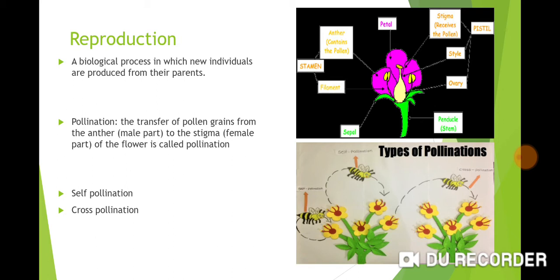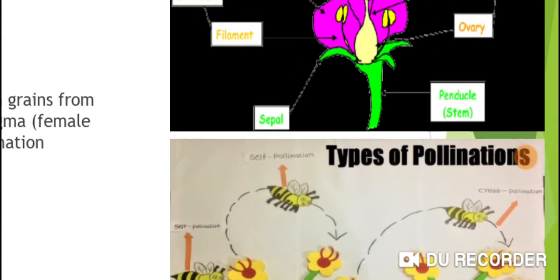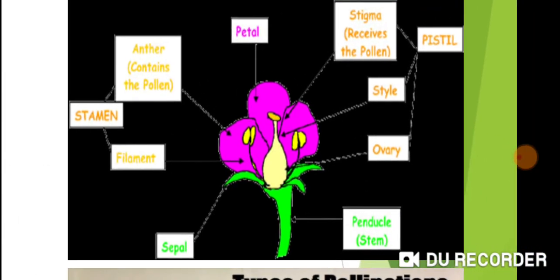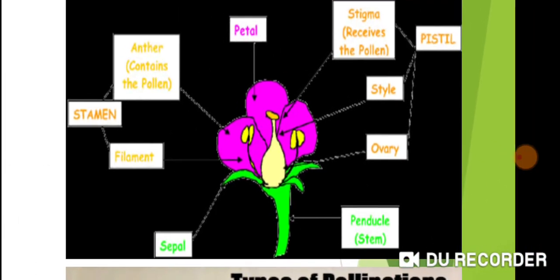So, from the anther to the stigma, the transfer of pollen grains is known as pollination.